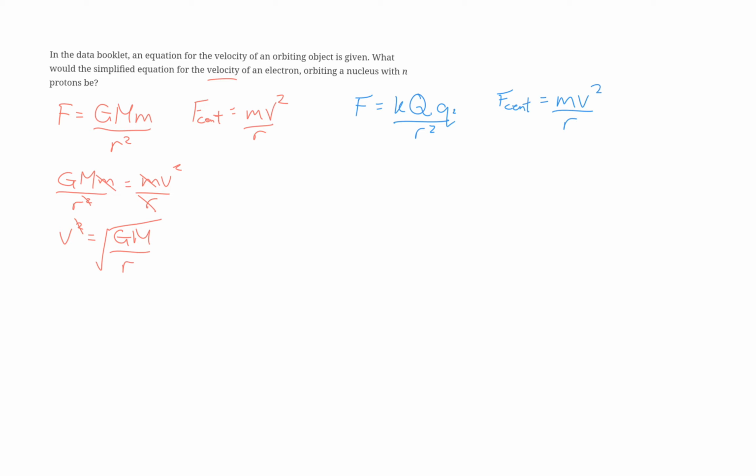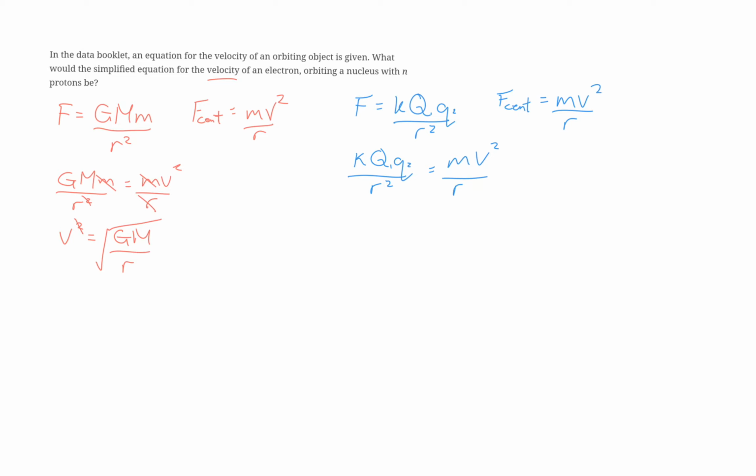And we're going to equate these two then. So we've got K Q1 Q2 upon r squared is equal to mv squared upon r.